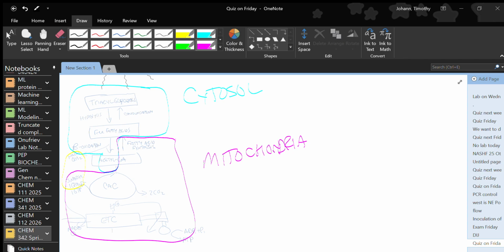Before, glycolysis and gluconeogenesis happened in the same compartment, so we had to turn one off and one on using heavy signaling, right? There's signaling involved here as well, but if we have our fatty acid synthesis happening in the mitochondria and we have our beta oxidation happening in the cytosol, hold on.